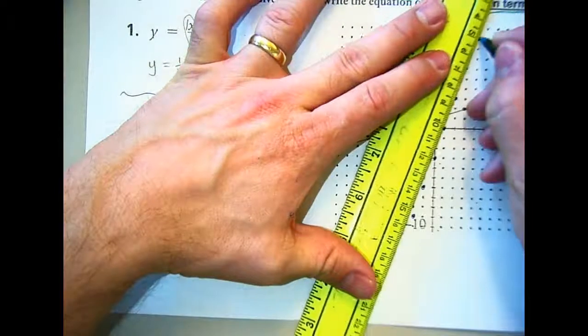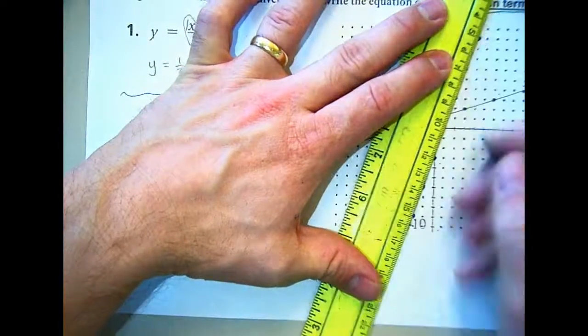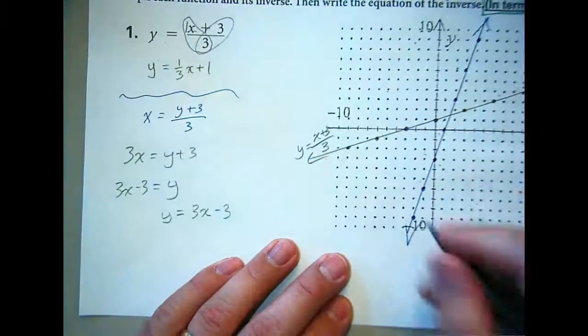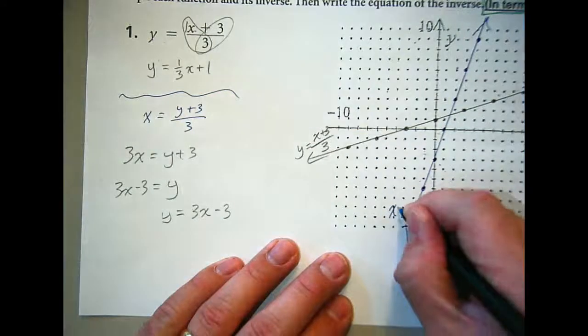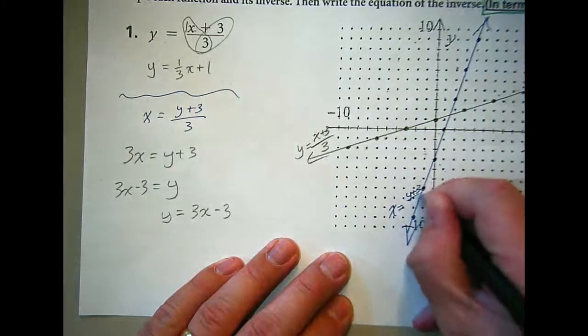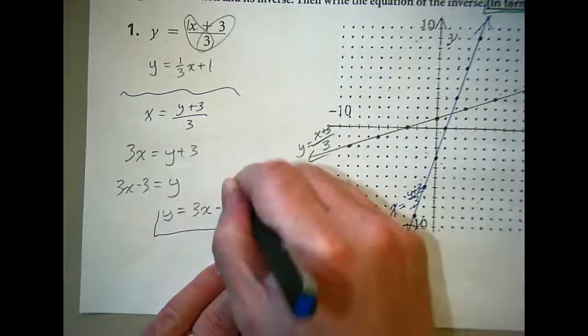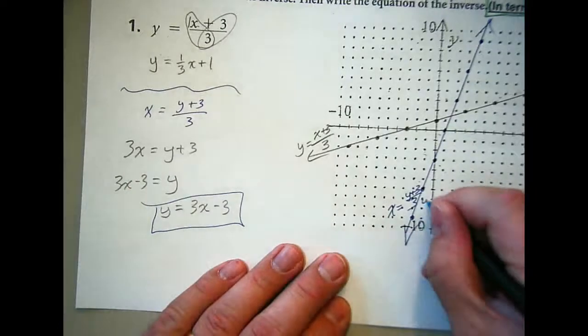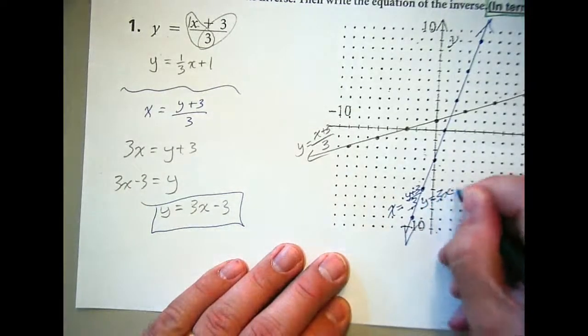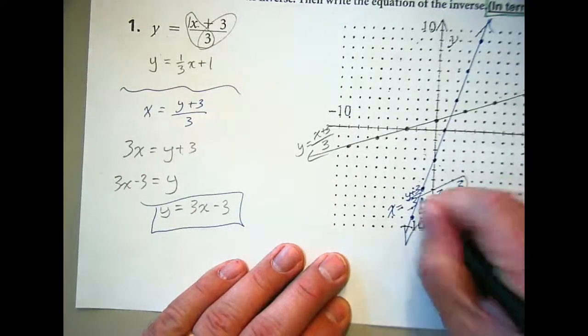All right. So that is in the form of x equals y plus 3 over 3. Or if you wanted to put in that form, since that's the more readily used when graphing.